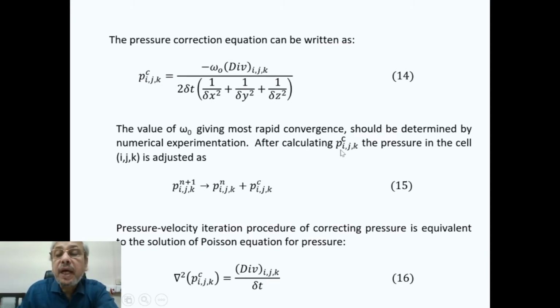So after calculating Pijk correction at each cell, we can correct the pressure. So to the pressure at the nth level, we add the pressure correction, and we are supposed to get Pijk at the level n plus 1.